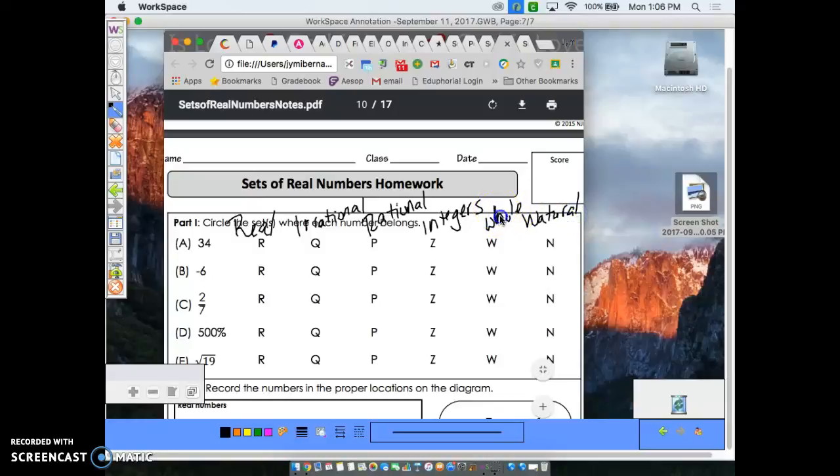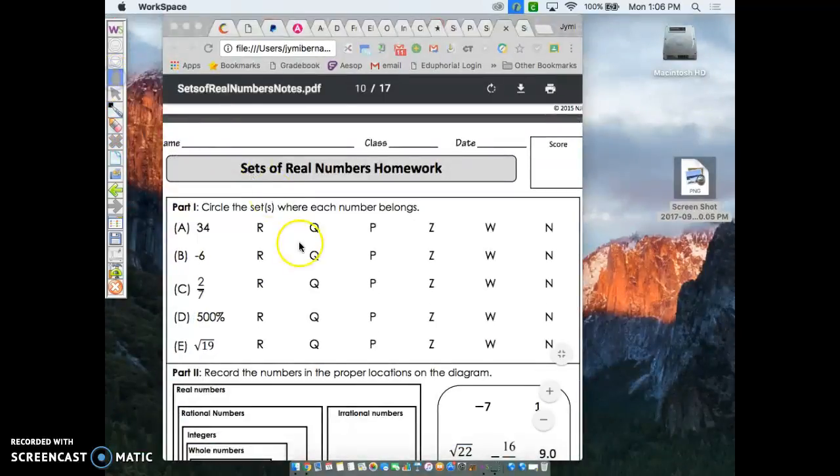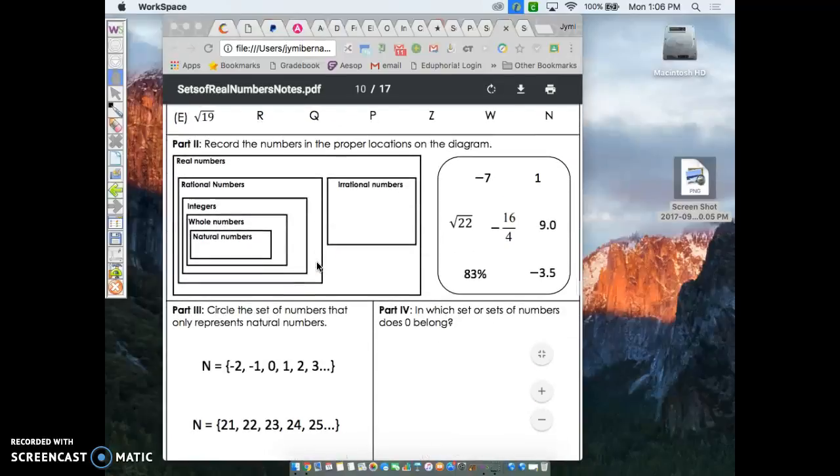Okay, so hopefully that helps you out. So 34 is a real number, it's a rational number, integer, whole number, natural number. Then you're going to go down through -6, 2/7, 500%, which is 5.0, and square root of 19, remembering that if it's a non-perfect square, it's an irrational number.